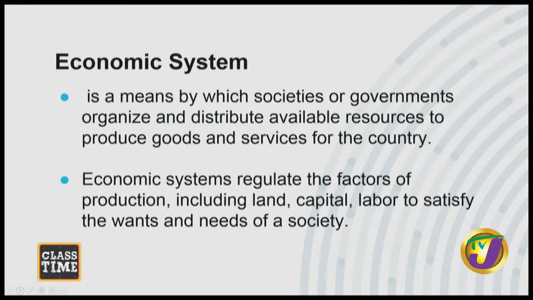So they are looking at their land, their labor and capital, and how they are going to allocate these resources to produce the goods and services for the country. The term economic system is really looking at how we are going to regulate the factors of production, land, labor, and capital to satisfy the wants and needs of a society.